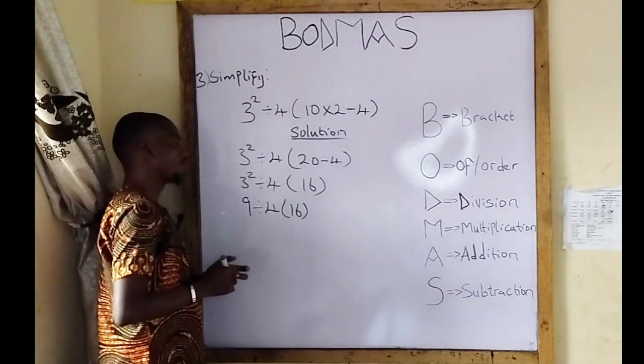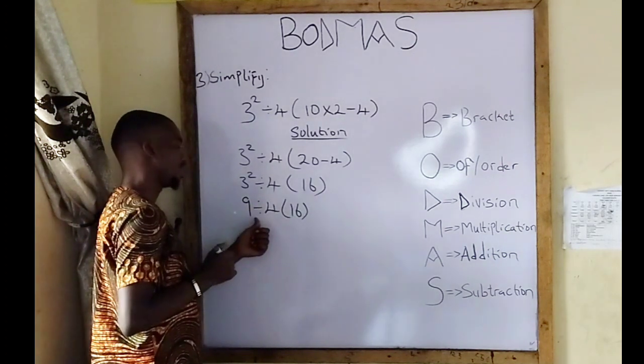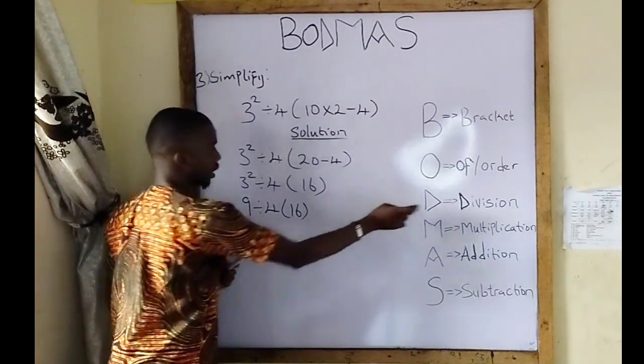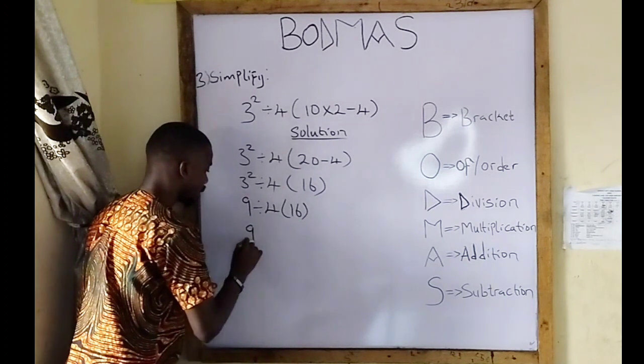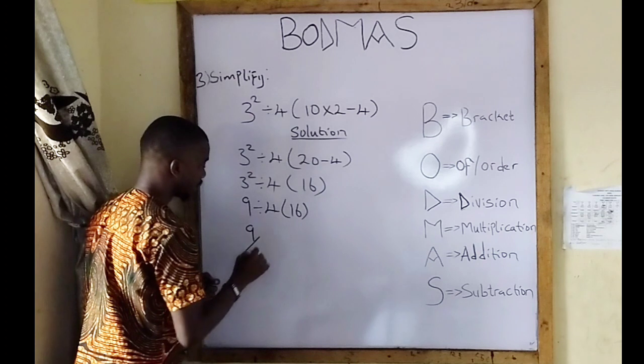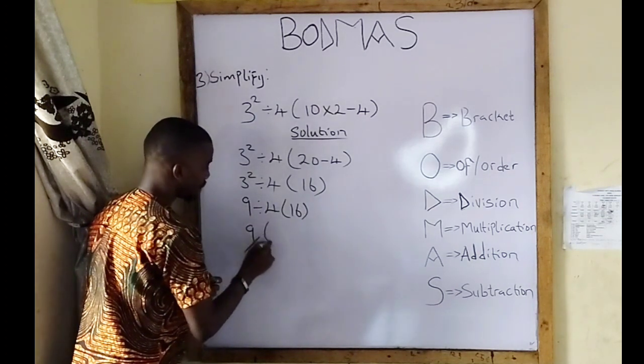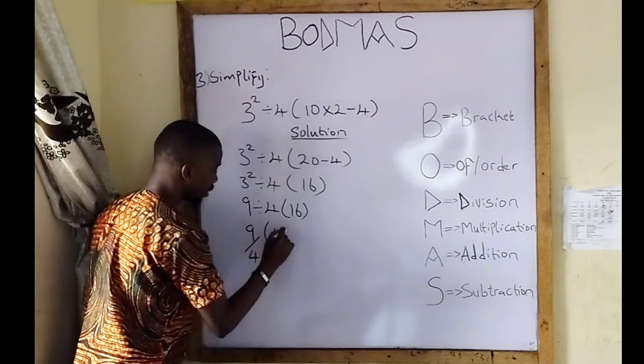Now the next thing, we write this as a fraction, since it is a division. So we have 9 all over 4. Now what's binding these two expressions? Let's put it in this form first.